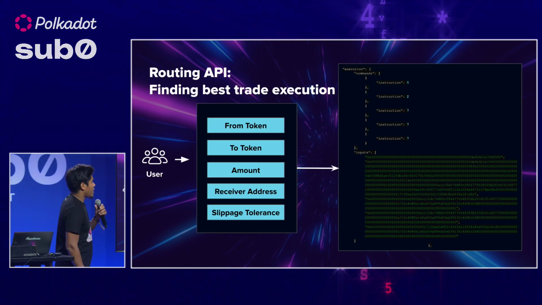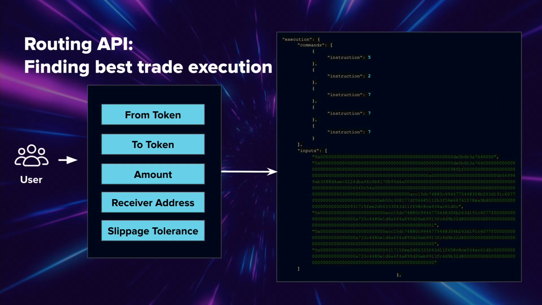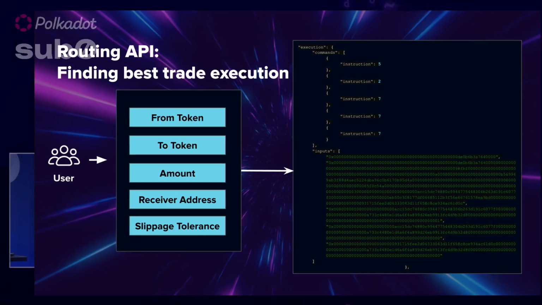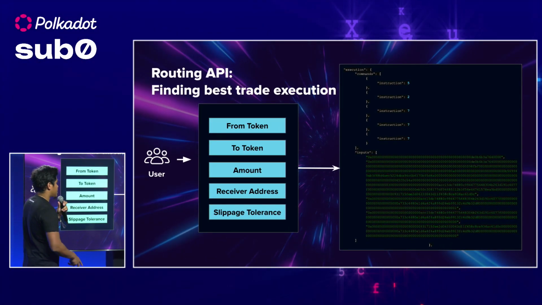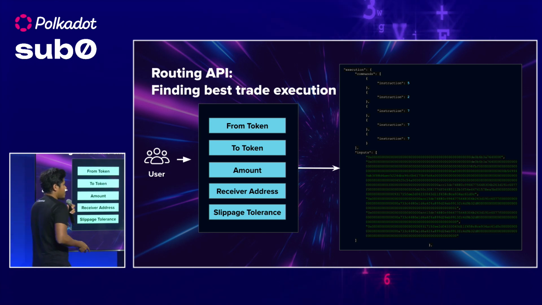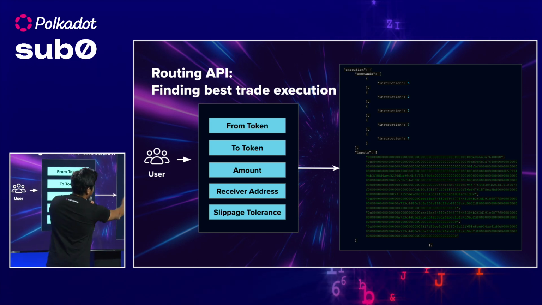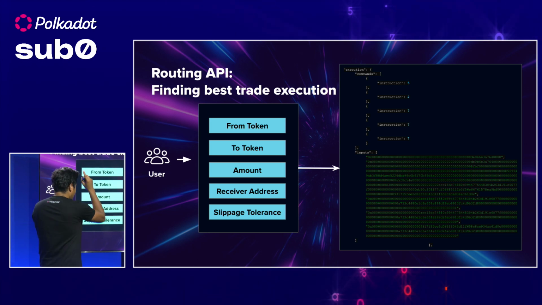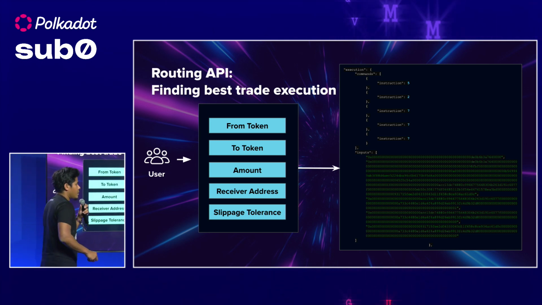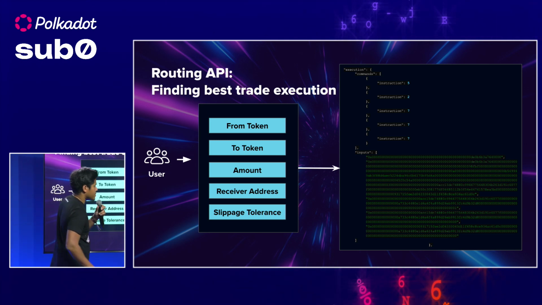So this is where the trade execution happens when a user inputs what token they're using, the amount, and whatever slippage tolerance they prefer. This is all bundled up into call data here, which not only captures all the commands, but also captures the sequence of the commands, right?